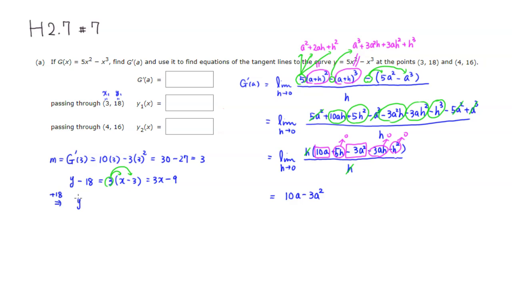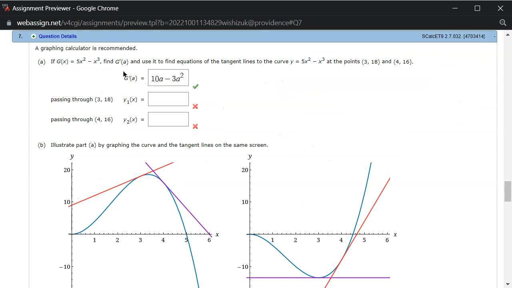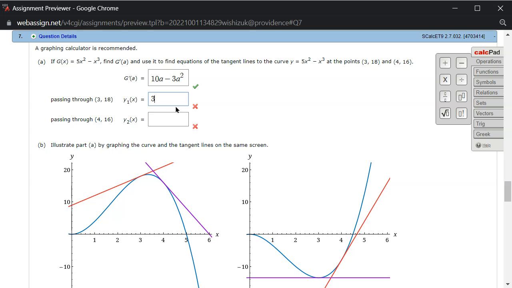Yes, I'm using the same notation for two different things. But you have a 3x, and the negative 9 plus 18 is positive 9, right? So the first one is y equals 3x plus 9. Let's type it in. So we have 3x plus 9.